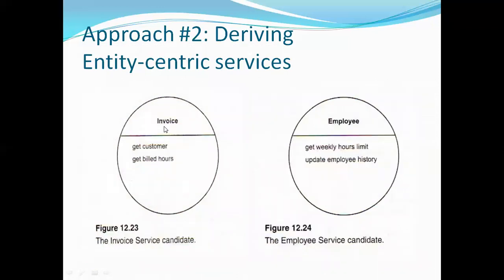The operations applied on the invoice entity are: get the customer details, because in the invoice the customer name and address are printed, so getting the customer information from the customer table is a part of the invoice. And get billed hours: prepare the bill, and that bill information is also a part of the invoice method. Two methods are applied on the employee table.